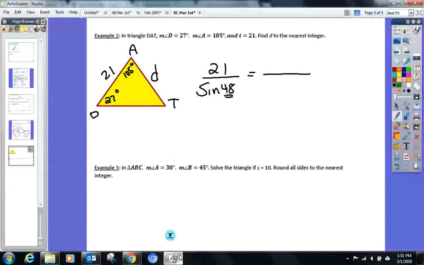Let's see, we have lowercase d over sine 27. Thank you. Cross multiply.